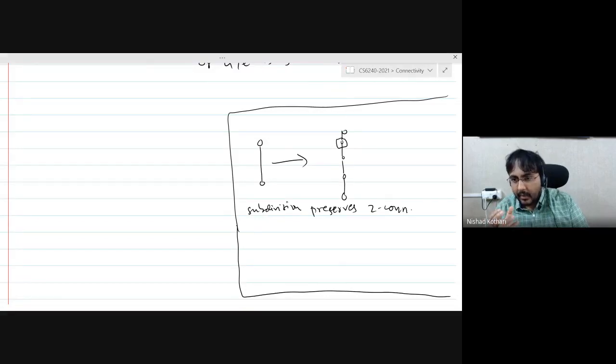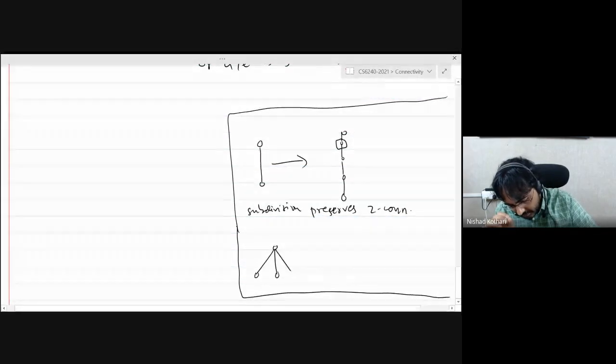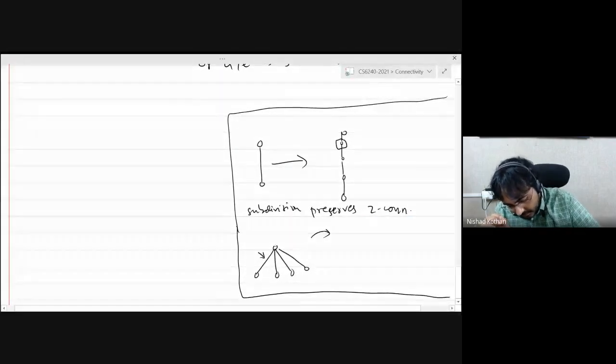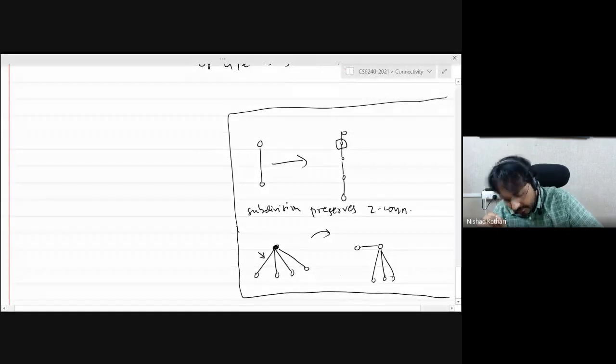What is interesting, however, is that subdivision is a form of vertex expansion. It is similar to vertex expansion, except that you are not following the restriction. So if you are subdividing some edge, let's say you subdivide this edge. One way to think of subdivision is to expand this vertex and give all the edges to this guy and only one edge to this guy.